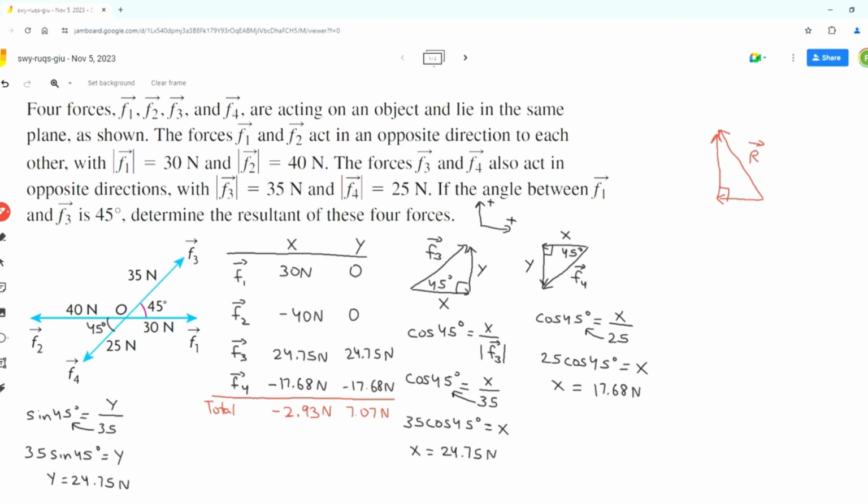So we'll start by finding the magnitude of the resultant, and for that we'll use the magnitude of the components. So this is the x total and that's the y total. So we'll use the Pythagorean theorem equation.